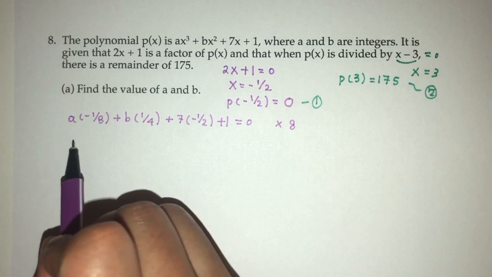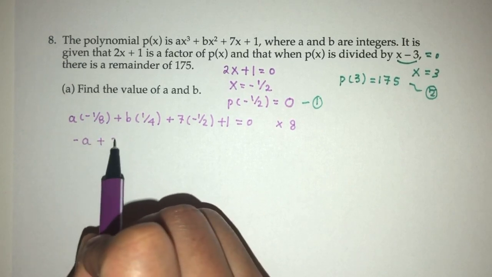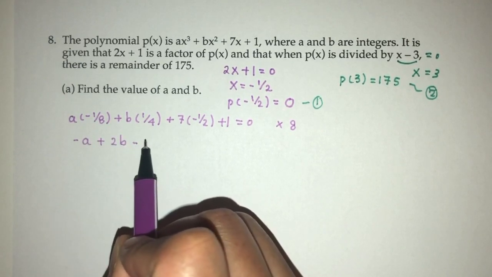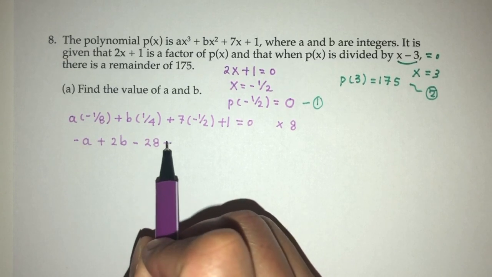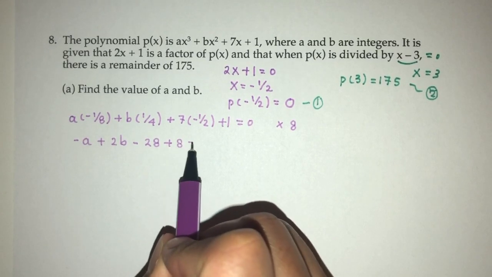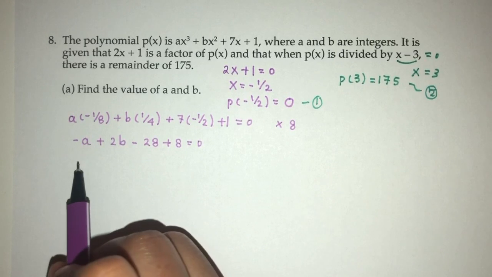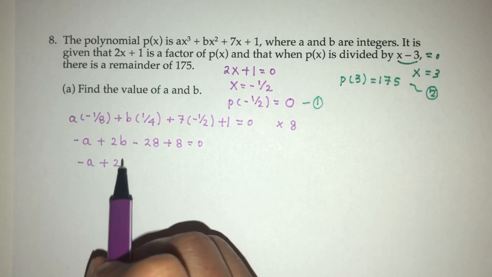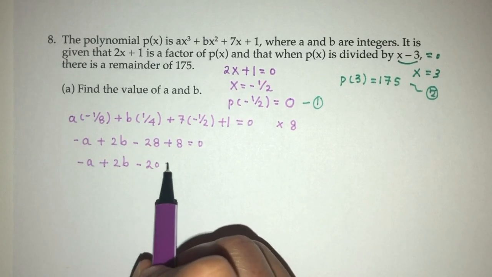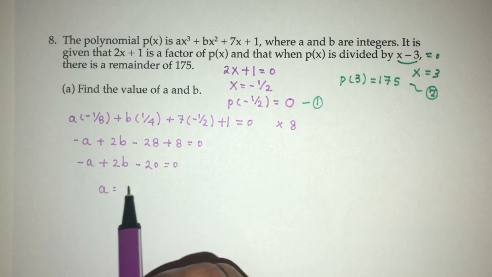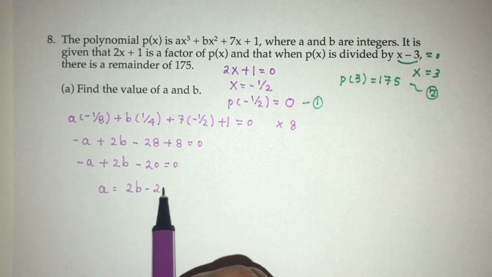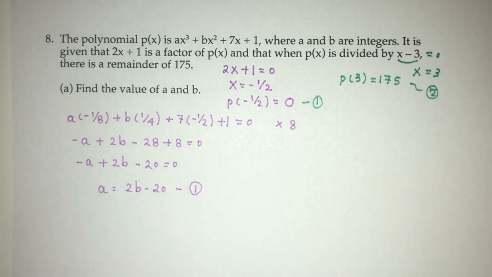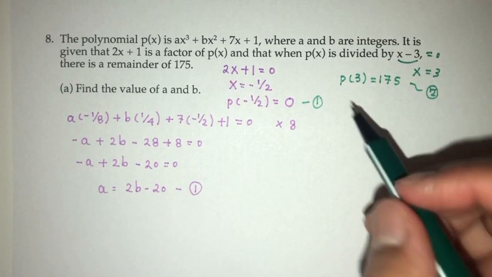That will give you minus a plus 2b minus 28 plus 8, that has to be 0. Simplify. Minus a plus 2b minus 20 has to be 0. So a has to be 2b minus 20. Equation number 1.